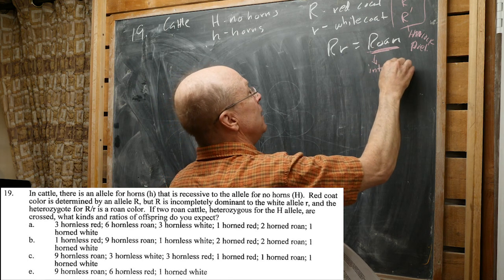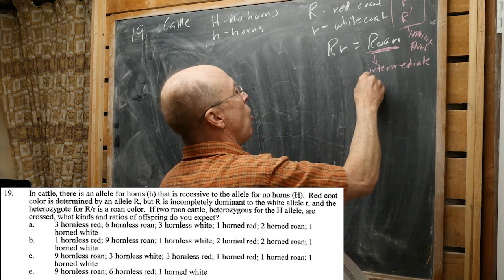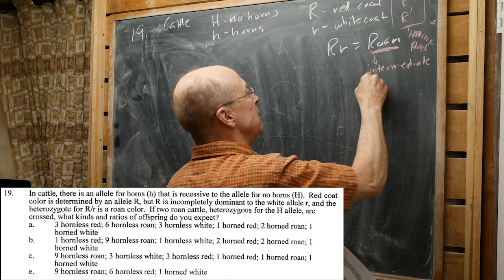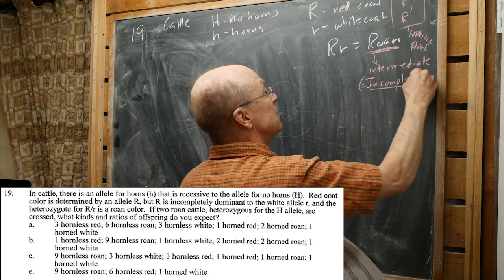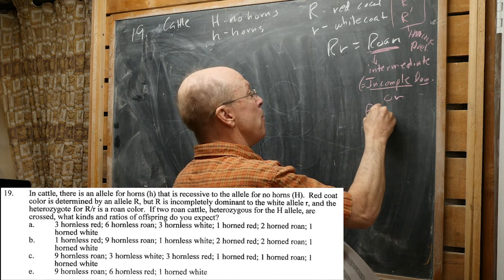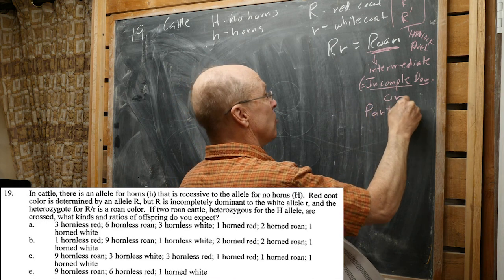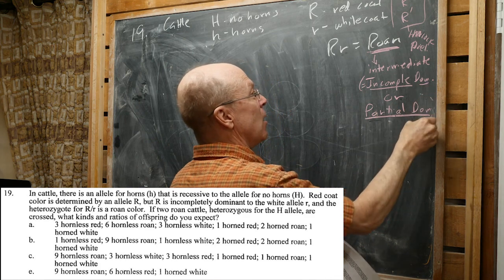This is an intermediate phenotype for a heterozygote. So we call this incomplete dominance. Incomplete dominance, or in the other language that shows up, partial dominance. These are both things that will show up in your lingo.